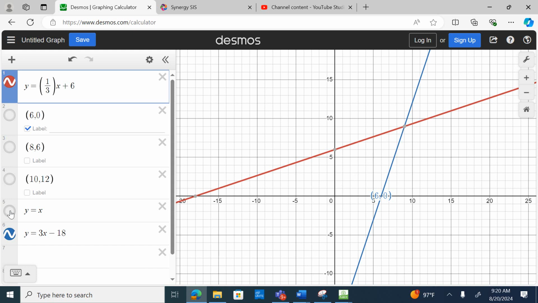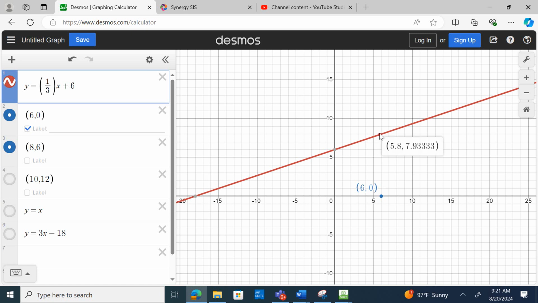So I wouldn't have chosen this route. Here's what I would have done. I would have gone to this function, and I would have picked out good intersection points, like 0, 6. And then all I would do is I would take the x and make it the y of the inverse, and take the y and make it the x. So 0, 6 becomes 6, 0. And then here's another one. I'm going to find 6, 8.